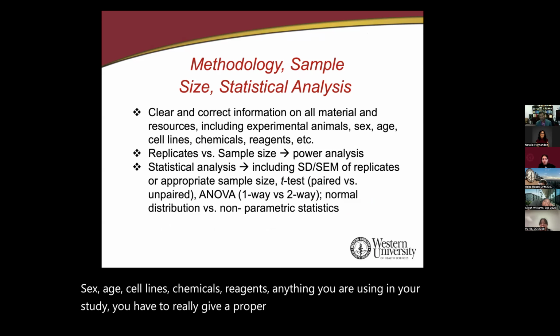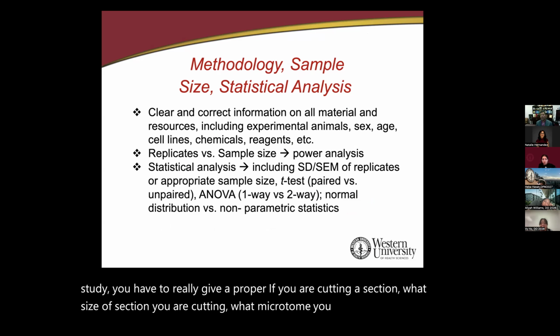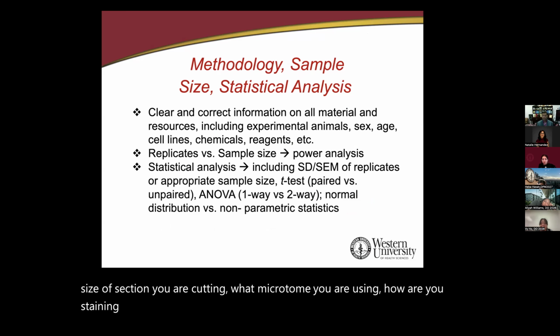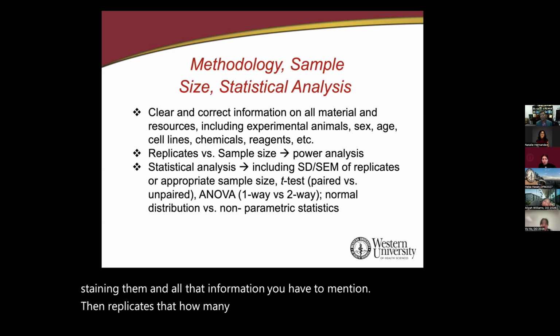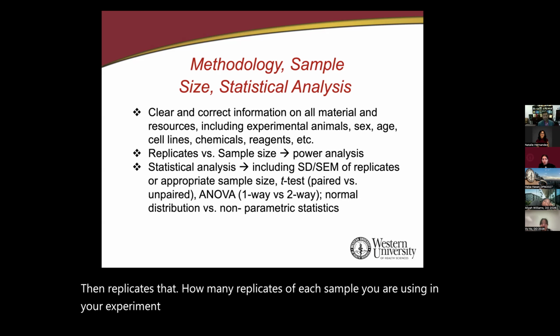If you are cutting a section, what size of section you are cutting, what microtome you are using, how you are staining them, all that information you have to mention. Then replicates: how many replicates of each sample you are using in your experiment, and how you are analyzing your data. Replicates are not the same as the N value.